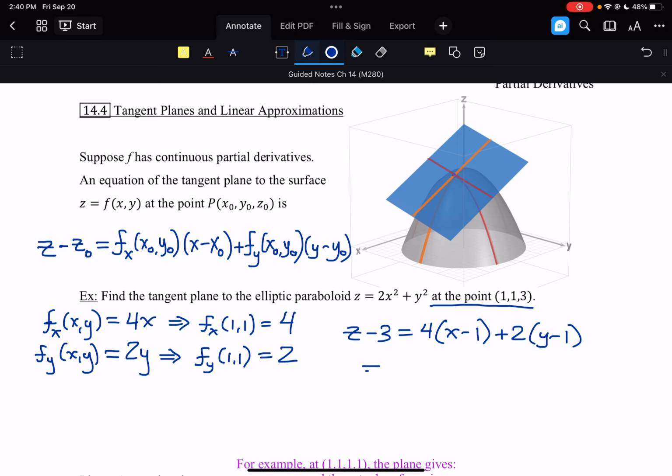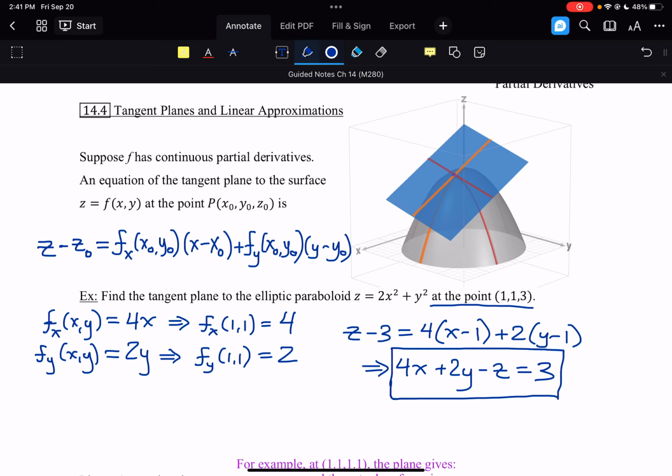So if we distribute the 4 out, distribute the 2 out, and then rearrange to put all of the variables on one side, we would get 4x plus 2y, we could subtract the z over, so minus z, equals, that would be negative 4 and negative 2 is negative 6, and then add it over, gives us a 3. So this would be the equation of the plane in standard form.